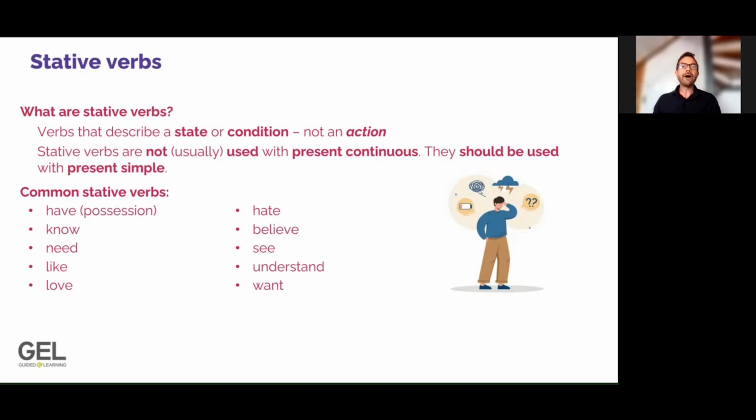When we are talking about have in the sense of possession, okay, it is mine or it is yours, we do not use the ing form. In addition, with the verb know, need, like, love, hate, believe, see, understand, and want, these are all stative verbs. They're not describing an action, they're describing a state or a condition of a thing.